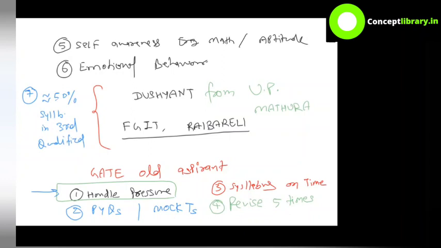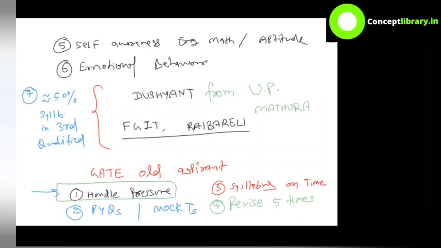How you tackle pressure depends on how you prepare. If your syllabus is not complete and this is your final year or dropper year, the pressure is already on you, and if the paper is tricky, conceptual, or tough, then you cannot perform well. So first of all, complete the whole syllabus.